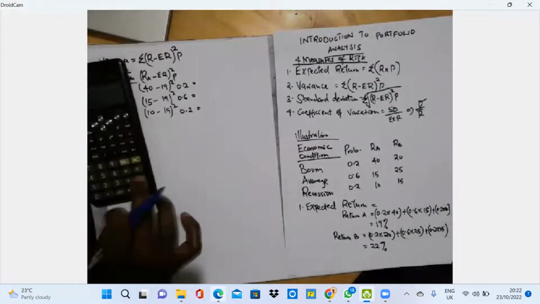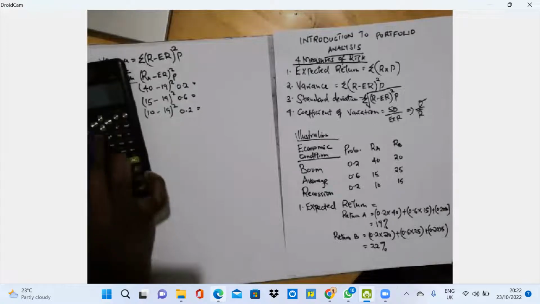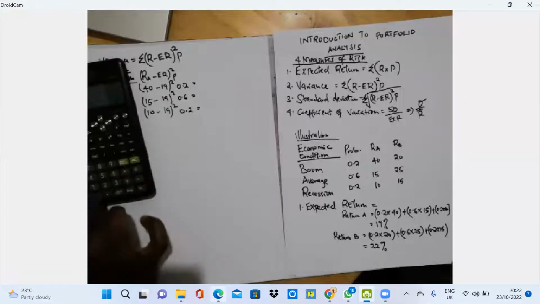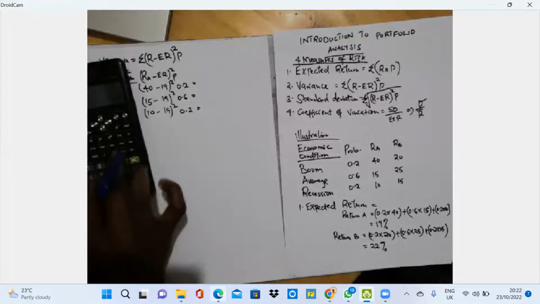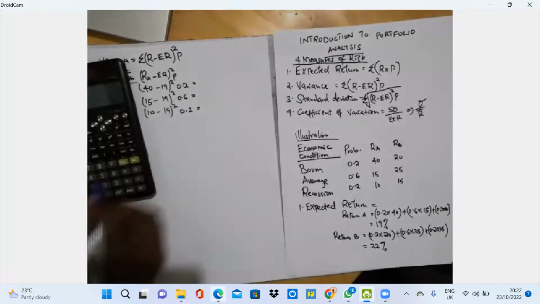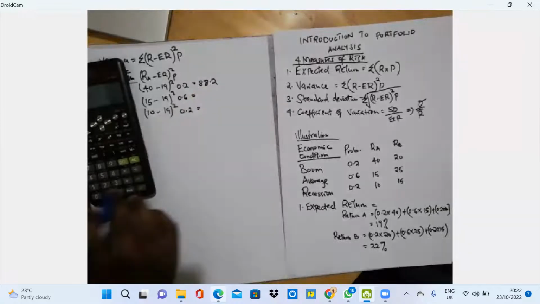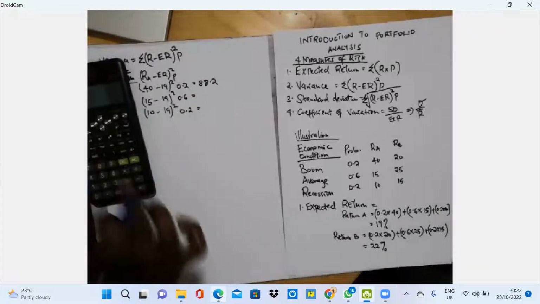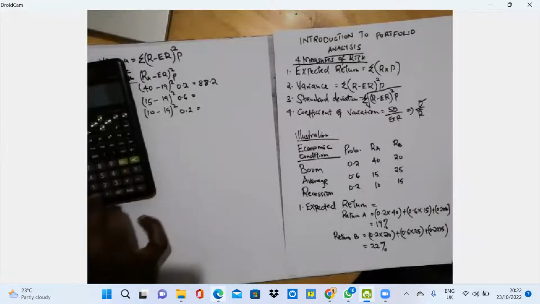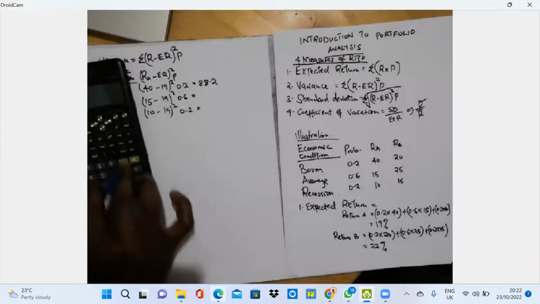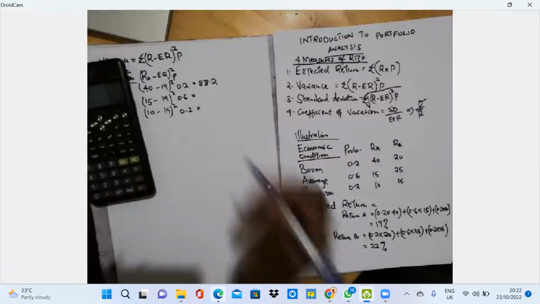So 40 minus 19 squared multiplied by 0.2, I'm getting 88.2. Then 15 minus 19 squared, you multiply by 0.6, I'm getting 9.6.